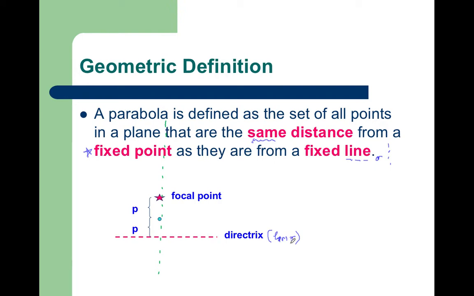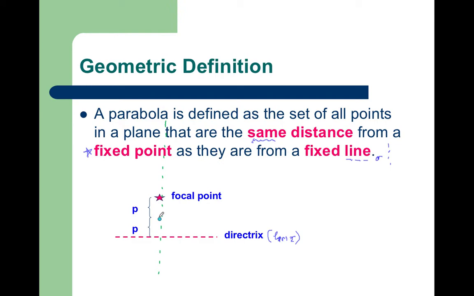The distance from that special point to the focal point is P, and the distance from the point to the directrix is P. Think P, shortest possible distance.